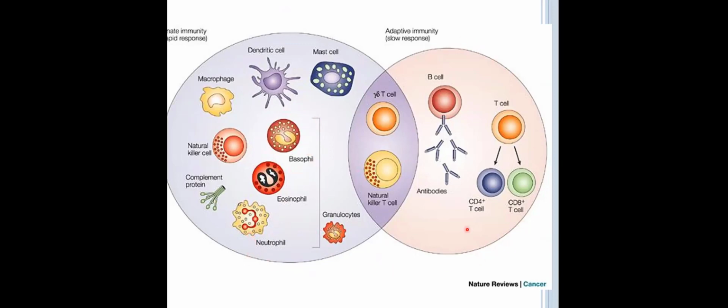And then on the right side of the graph here, we have the adaptive immune cells, so B cells and T cells. And T cells we'll talk mainly about CD4 and CD8 T cells. There are these cells that sort of bridge between these two, and in the course of these lectures, we're not going to cover them very much, but if you have a particular interest in any of these populations that we're not covering, we can try to cover them.